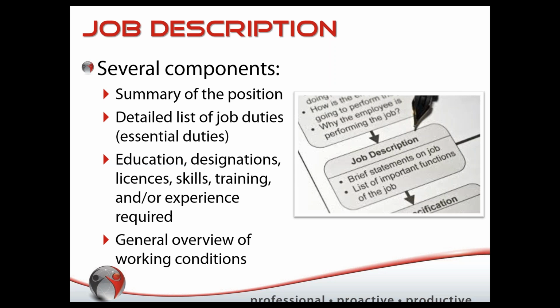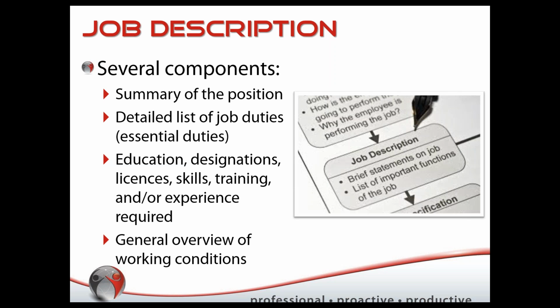Your job descriptions will likely also have education requirements or the designations, the licenses. Maybe you need to have 3 to 5 years experience doing building inspections. To be a building inspector, you have to have attended or received a degree or a diploma in a specific program. That different type of experience.